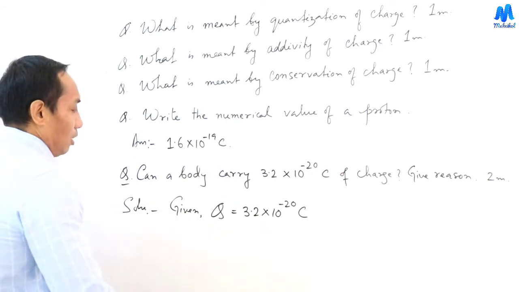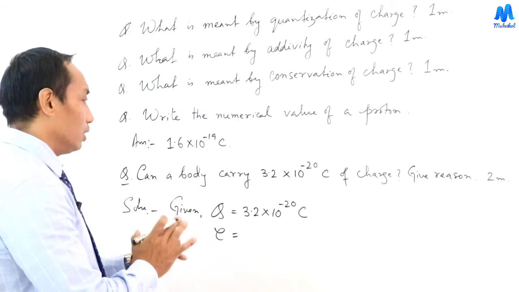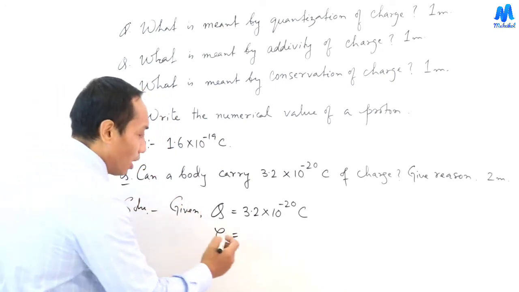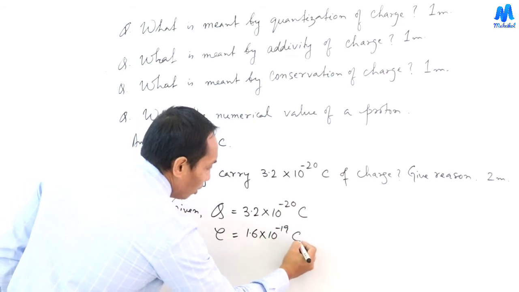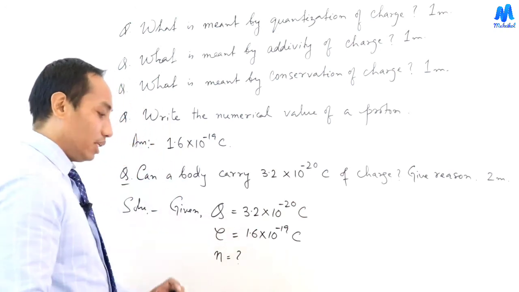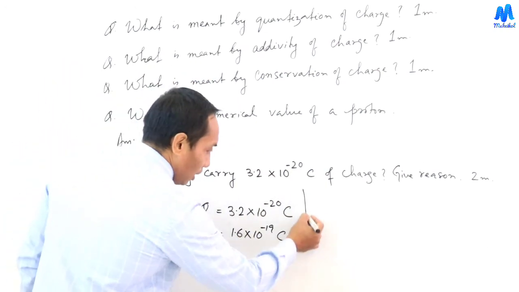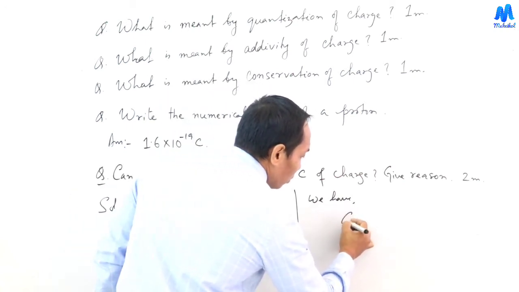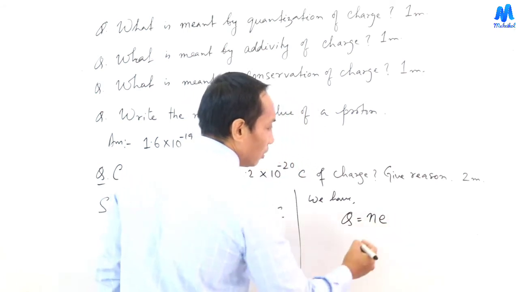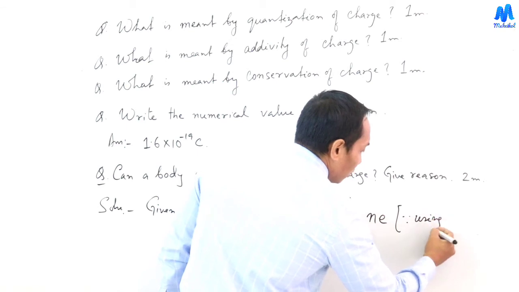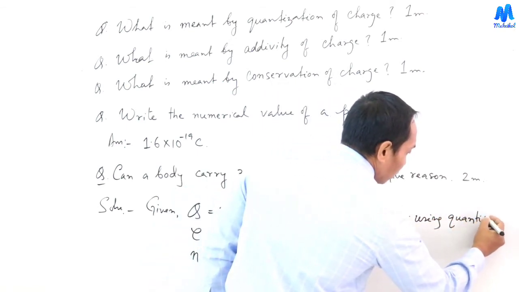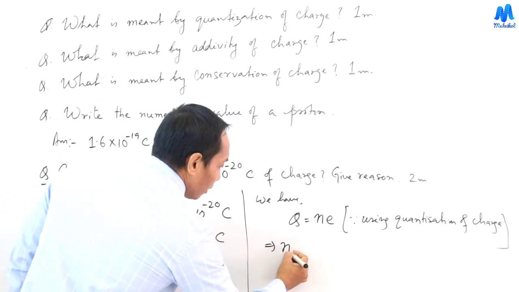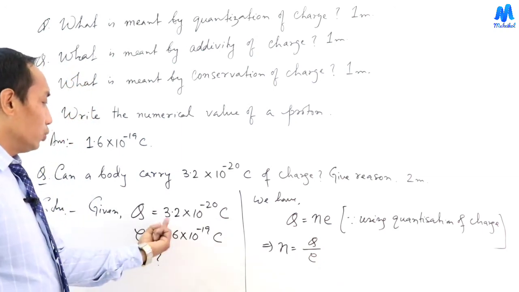The charge of an electron, the magnitude of charge e, is 1.6 into 10 to the power minus 19 coulomb, and we have to find n, that is n is an integer or not. Using quantization of charge, q equal to n e. Now n is q divided by e.